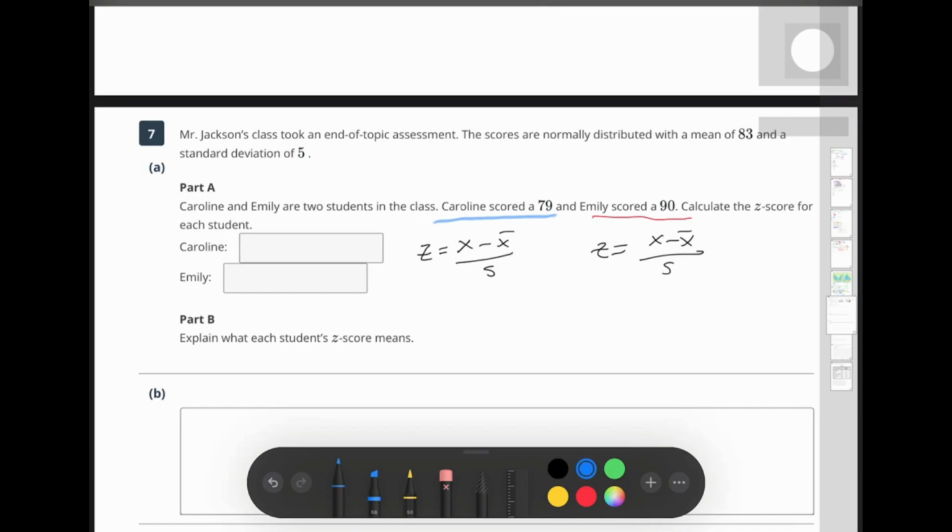So let's go ahead and use Caroline's. Caroline has a score of 79, and the average was 83. And the standard deviation is 5. So I'm going to get negative 4/5, which is negative 0.8.